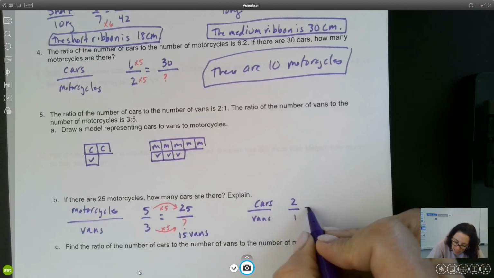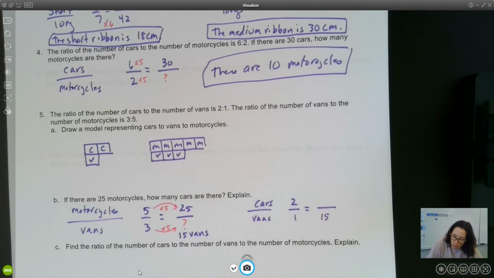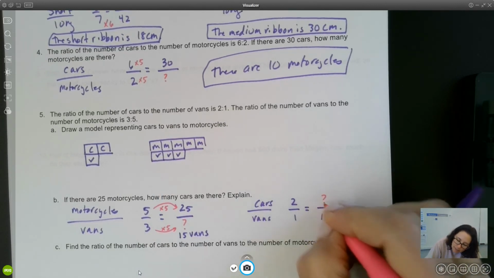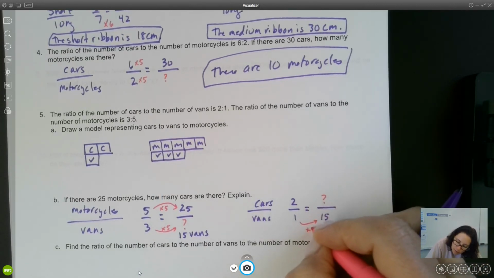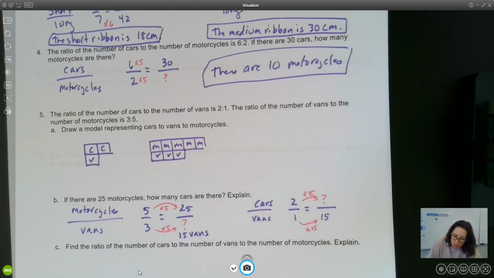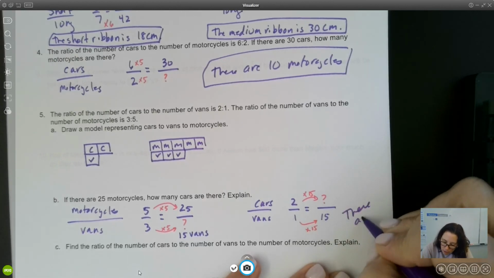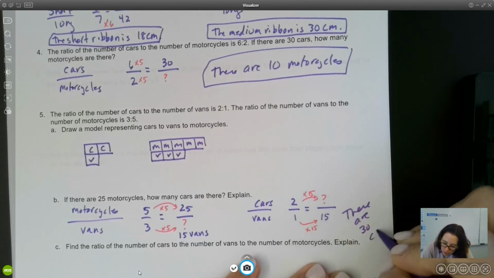Okay, and we have 15 vans. Well, we need to find this. This gets multiplied by 15, therefore this gets multiplied by 15. Hopefully you're seeing there are 30 cars.